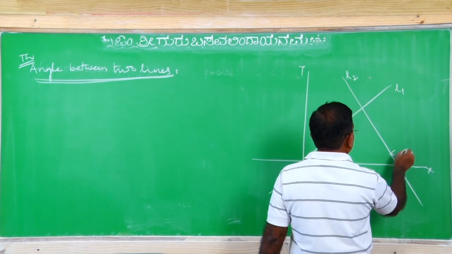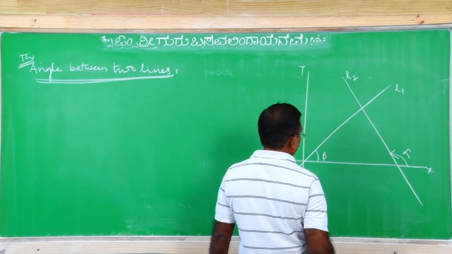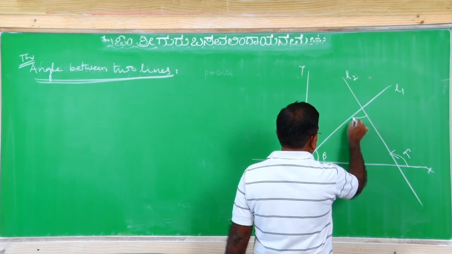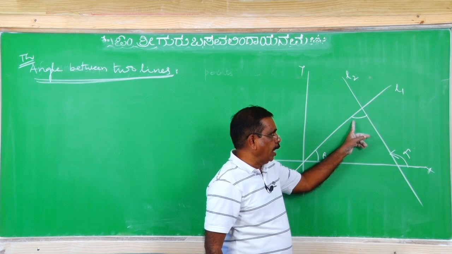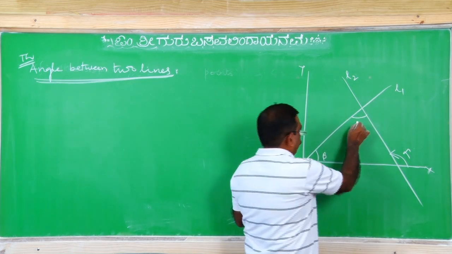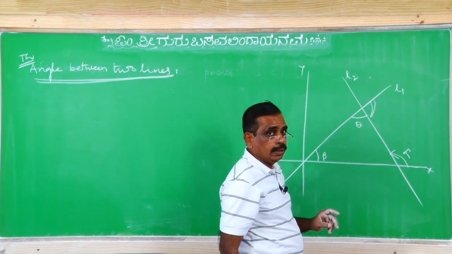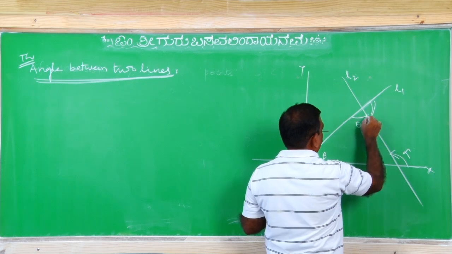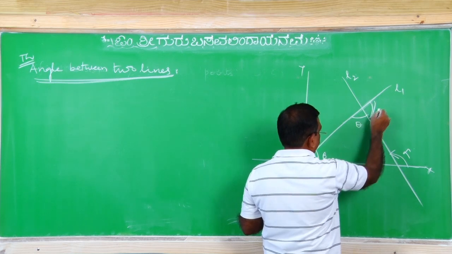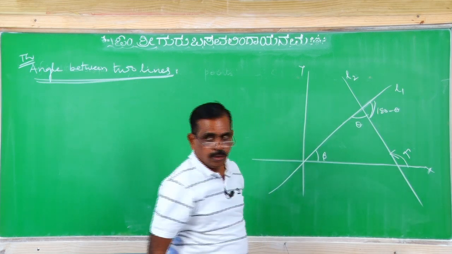Here, it makes an angle alpha. It makes an angle beta. In between these two lines, the angle between these two lines is theta. Because this is 180 degrees total, straight angle, here to here is theta, and here to here is 180 minus theta.